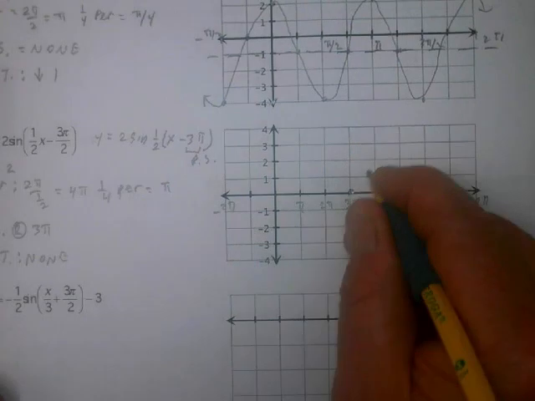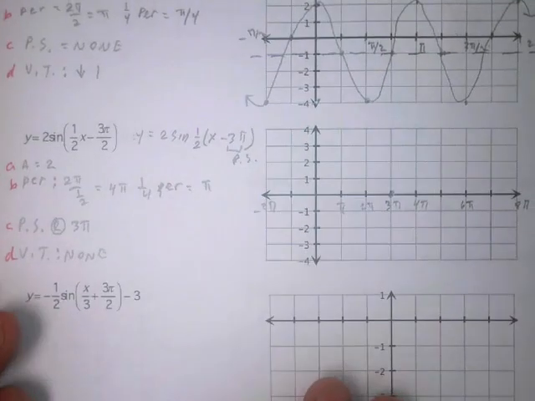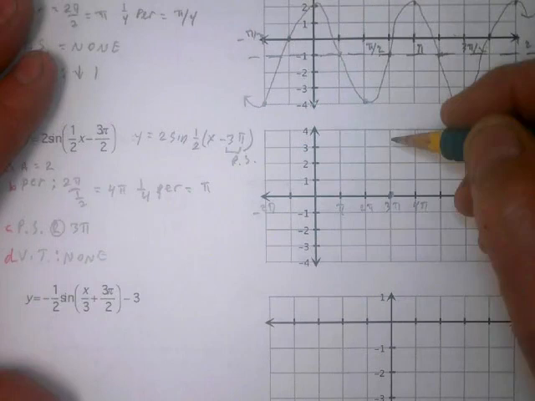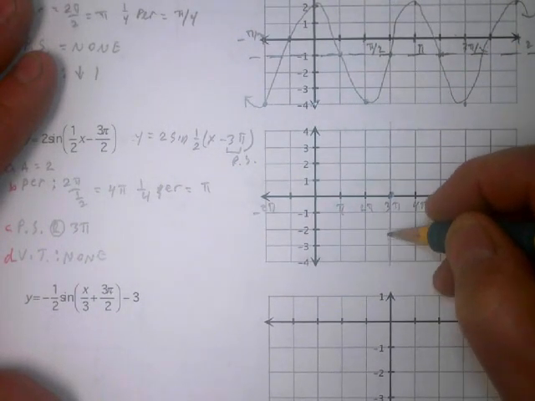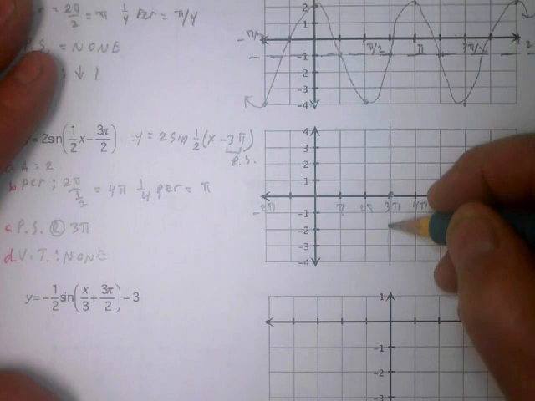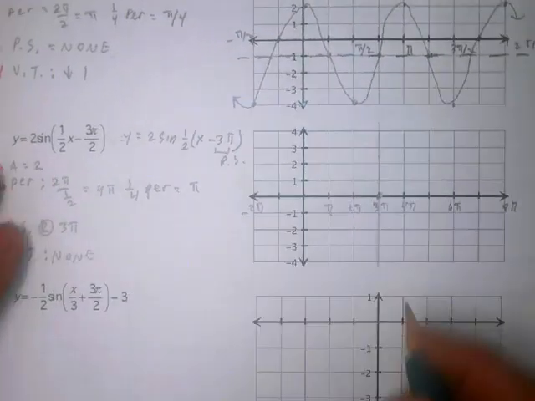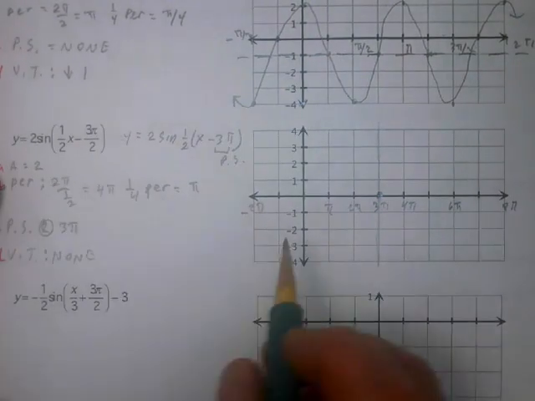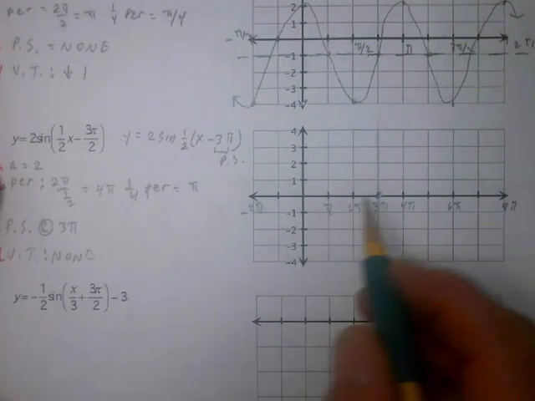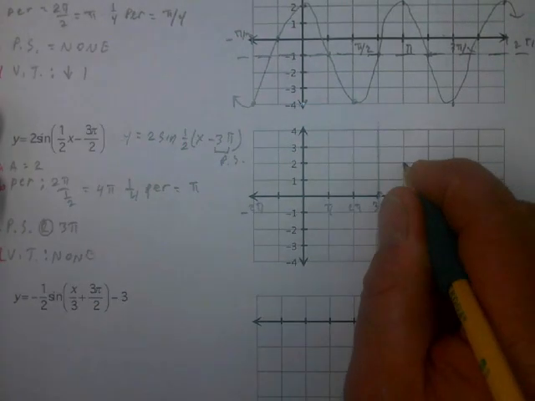What I need to think about is that the center of my graph has got to go right there at 3 pi. It's got to be going up from here, because it's 3 pi. So I'm just going to put a light vertical line right through there. Think about that as your y-axis. I'm going to base everything off of that.